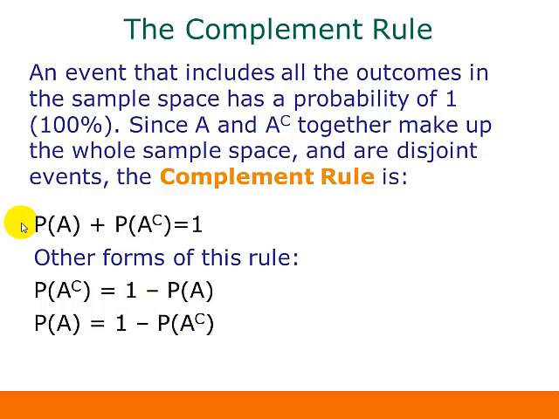And we'll actually use this rule a lot in later chapters of this textbook, because in a lot of cases it's much easier to find the probability of the complement of an event than it is to find the probability of the event itself.